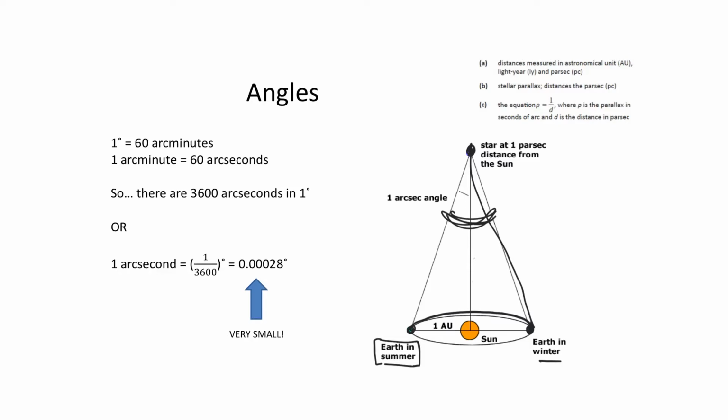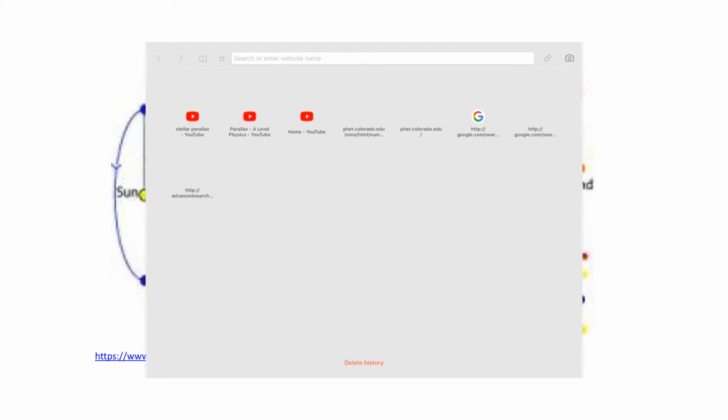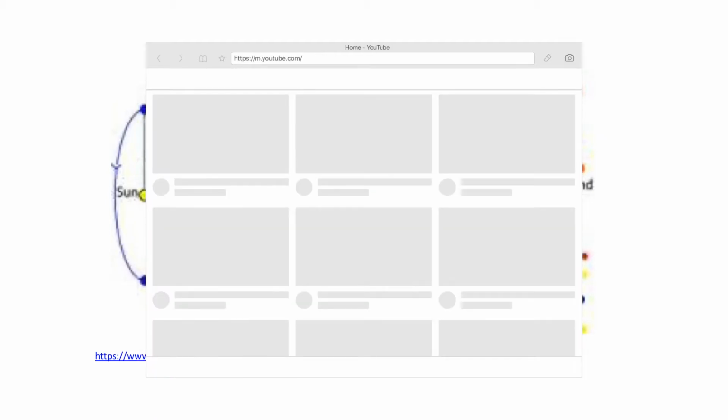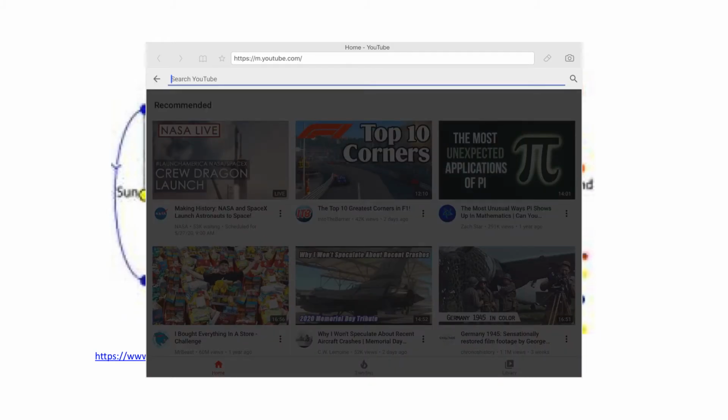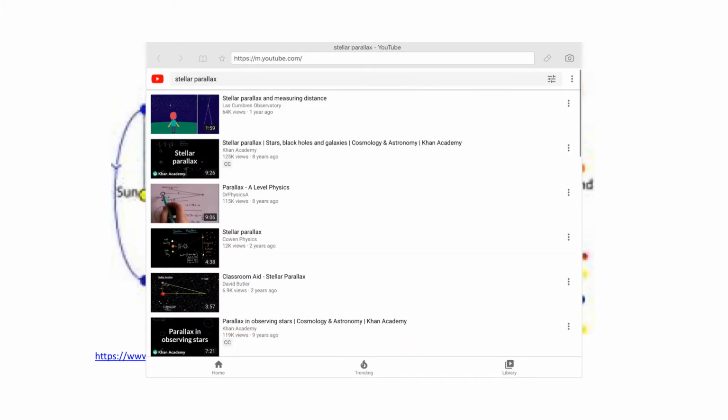Because someone else can explain this far better than me, let me just show you how to find another video to watch, and then come back to mine afterwards. So go to YouTube and type in stellar parallax, and the one that I tend to use is the third one down where it's got parallax A-level physics.